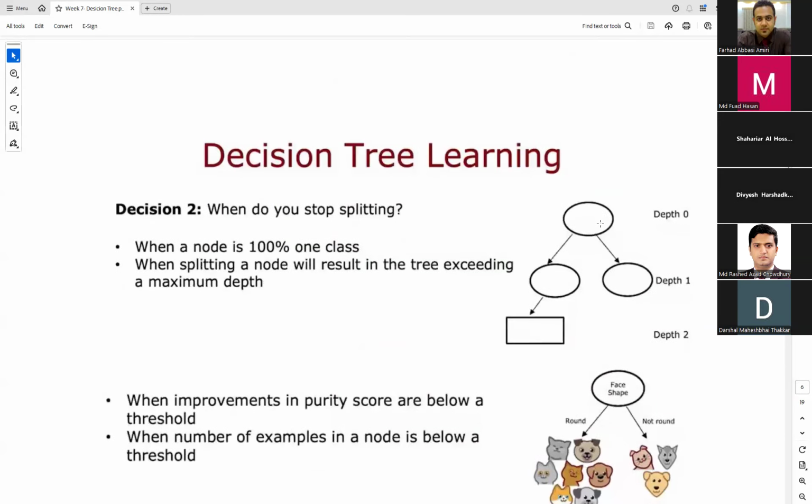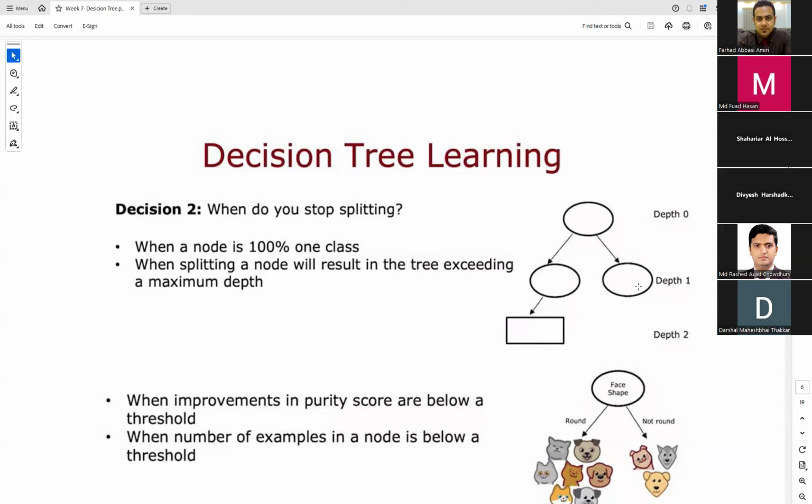So, for example, this is the root node of a decision tree, and then you split on this feature. There are two possibilities, left branch and right branch. The root node we refer to as depth 0 or level 0. If you make one step downward and come to this level, it is depth 1 or level 1, which is one level below the root node.